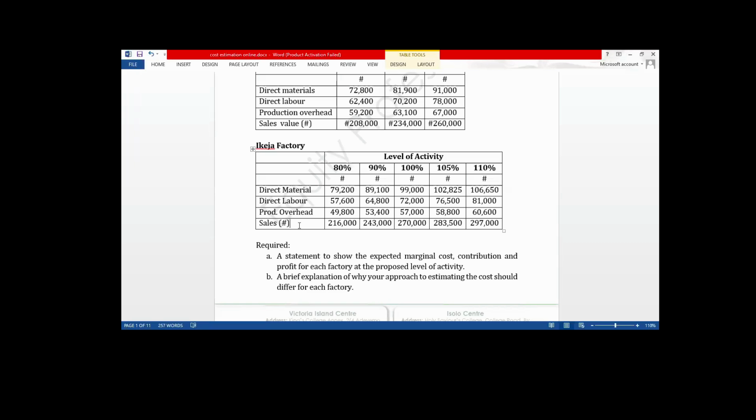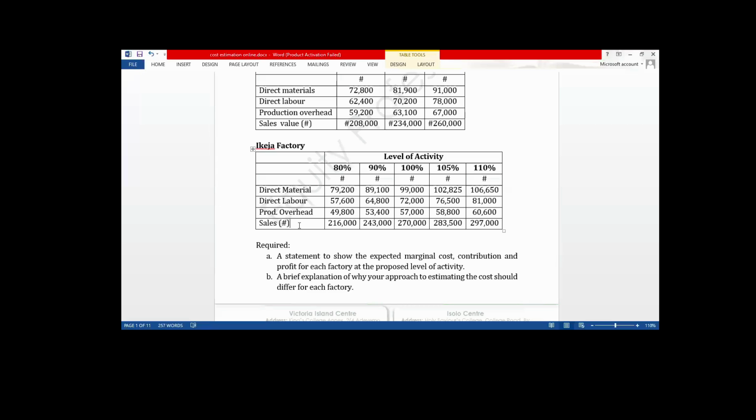This means that to answer this question, to be able to do justice to this question, we need to explain what is marginal cost. How do we calculate marginal cost?